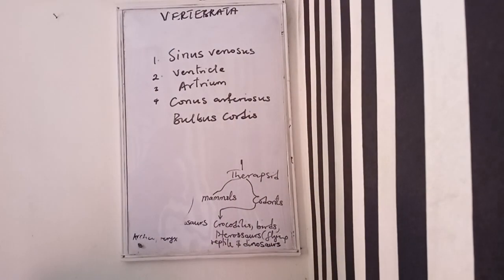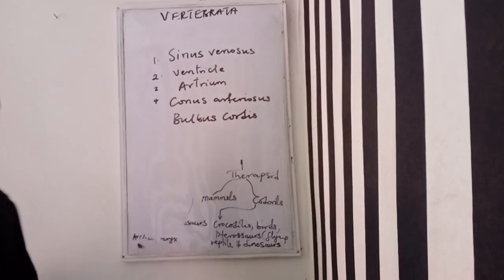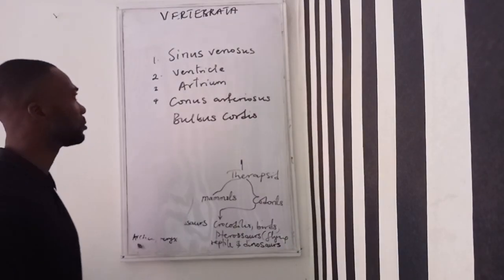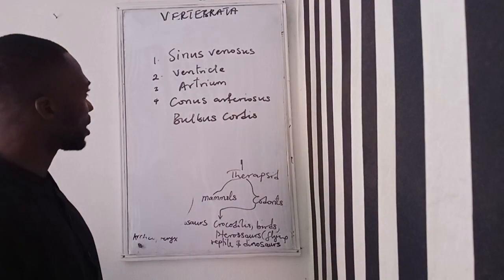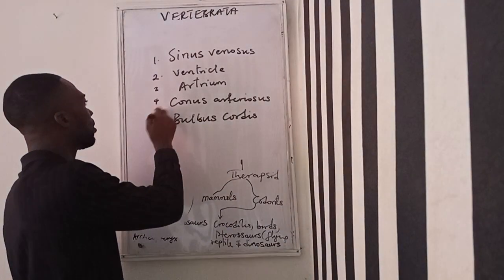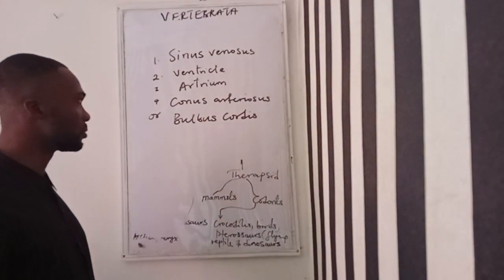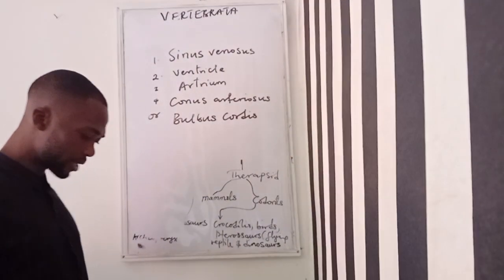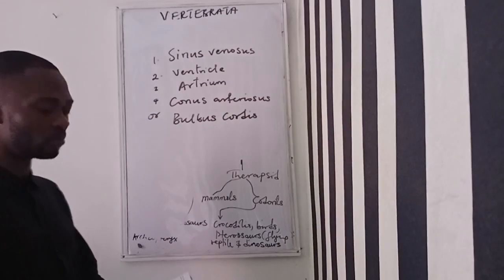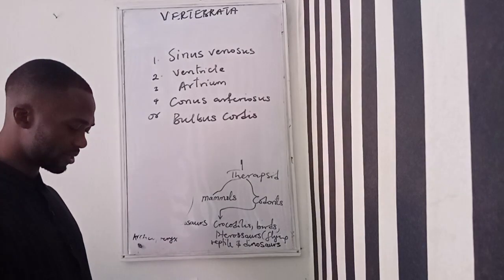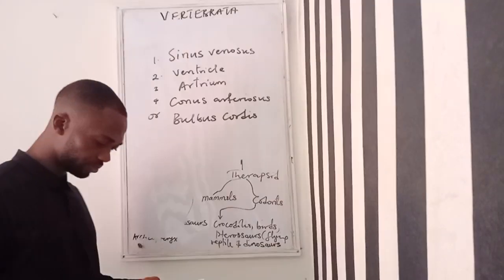So these are the four different parts of the heart of a fish: the sinus venosus, the ventricle, the atrium, and the conus arteriosus, or the bulbus cordis. Okay, remember, I'm just picking the most important things when it comes to vertebrata. It's not everything that we are going to look at.